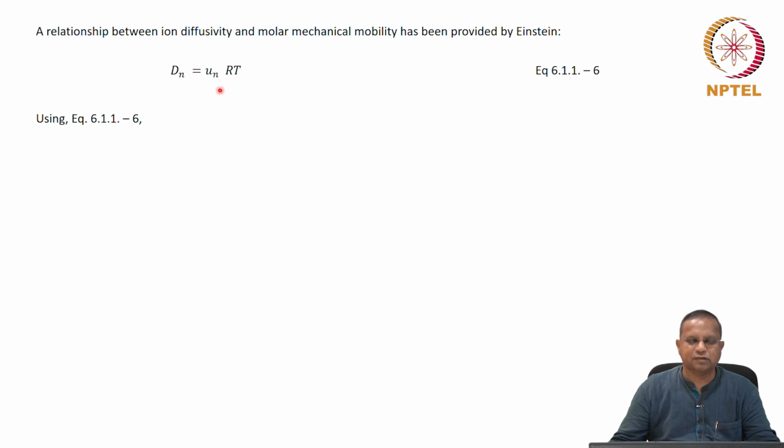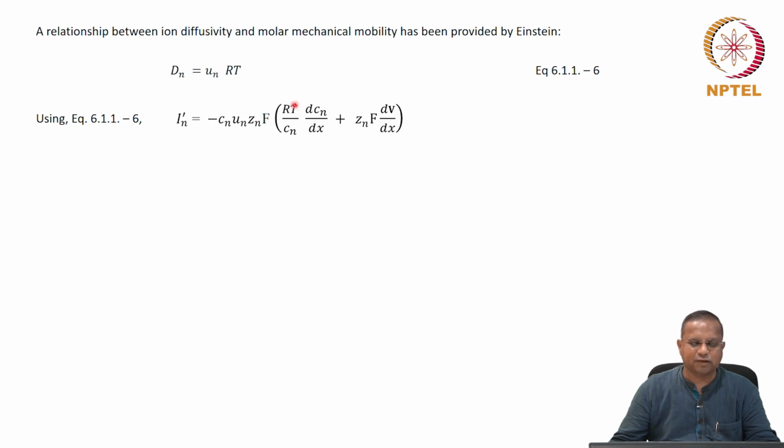And substituting this into the previous expression, the net ion flux of the nth ion equals minus Cn un Zn f times RT by Cn. Instead of dn, we are going to write it as un RT, when I pulled out a Cn also here.